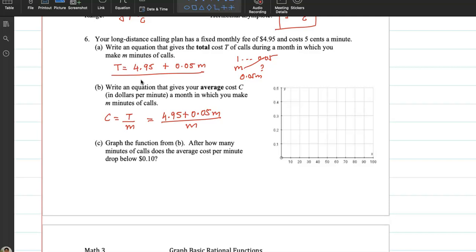So let's do that. How will you graph this now? You could take some values for m, so your x will be your m, the number of minutes. This is your average cost, C. What's your vertical asymptote? Your vertical asymptote would be m is equal to 0.